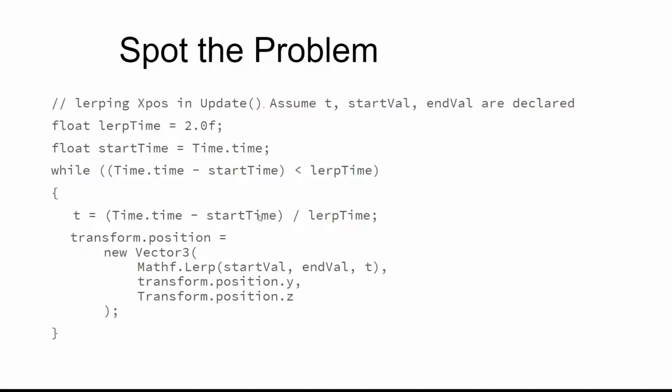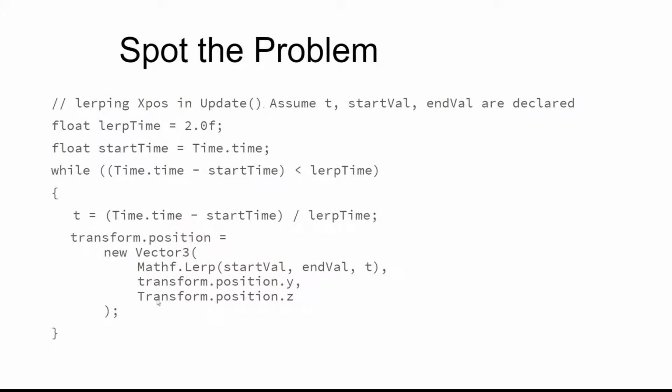So more and more time will have passed, increasing this number and getting it closer and closer to 2. Since I'm dividing by 2, it goes from 0 all the way to 1. If the maximum elapsed time before I can leave the loop is 2, I'm going to go from 0 to 1, because I'm dividing by 2.